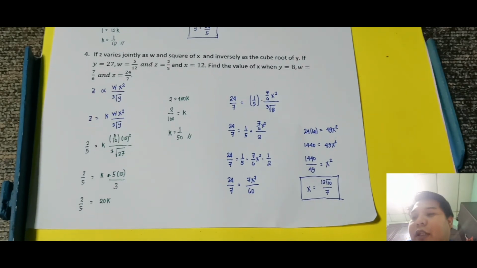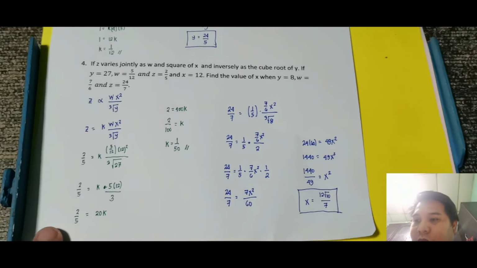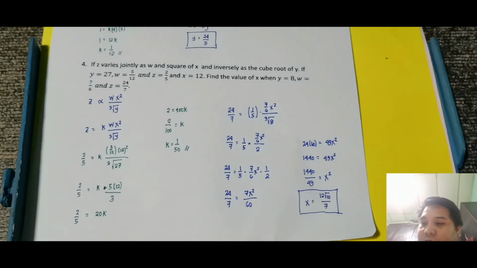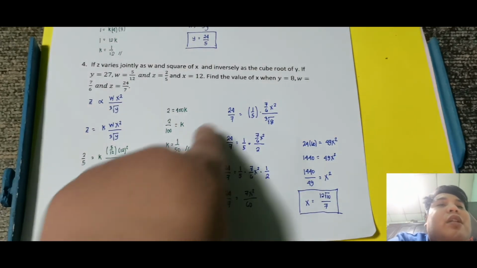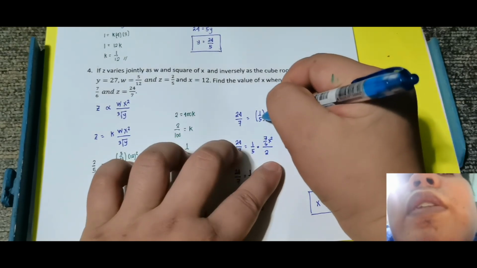Okay, so tandaan yung sagot na yun. Okay, nagkamali ako ng given, sorry. K is 1 over 50. Ngayon ko lang napansin, no? So this is 1 over 50.